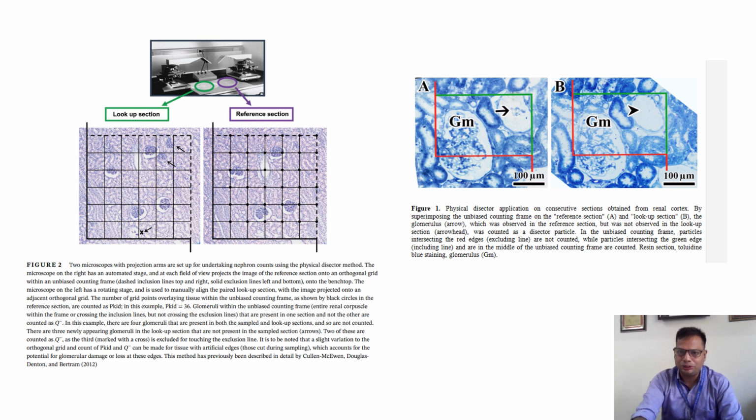We can see the two lines, mainly the red edges, which is the extruded lines where the particles are not counted, where the particles intersecting the green edges and are in the middle of the unbiased counting frame are counted. So this is how the number is counted by using the physical dissector.